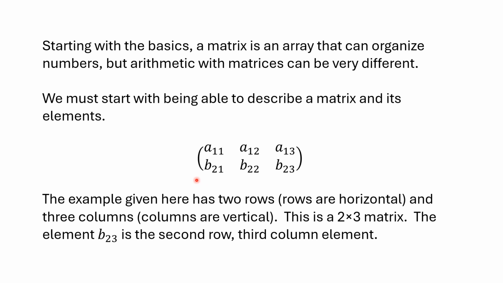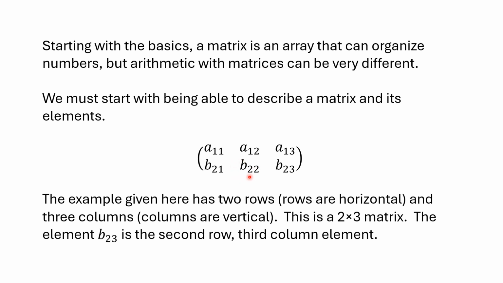So here's a matrix, and it is arranged in what we call rows, which are horizontal, and columns, which are vertical. The entries, or elements of the matrix, can be referred to by a number.